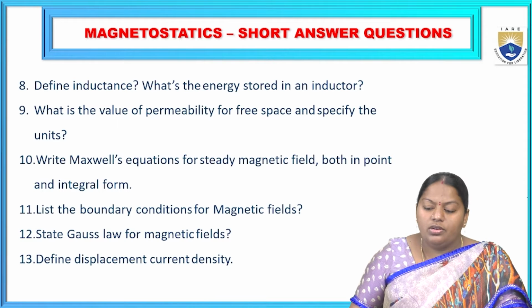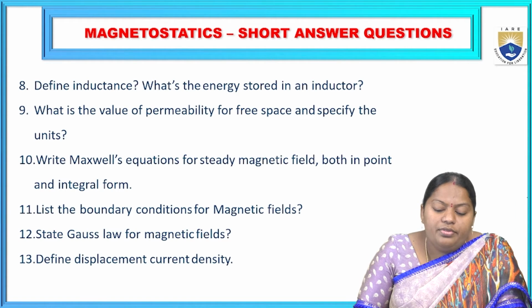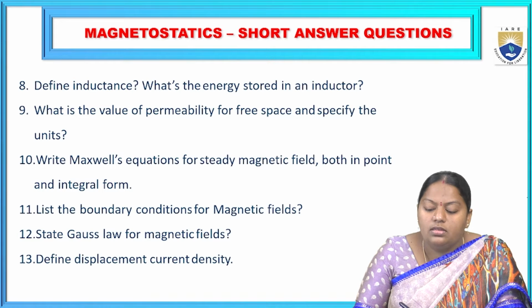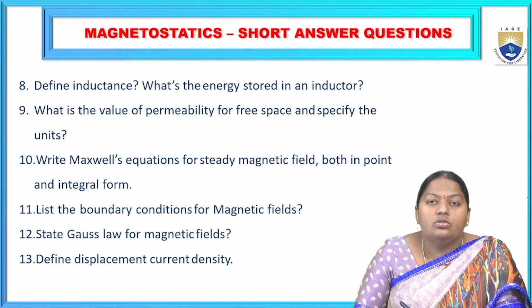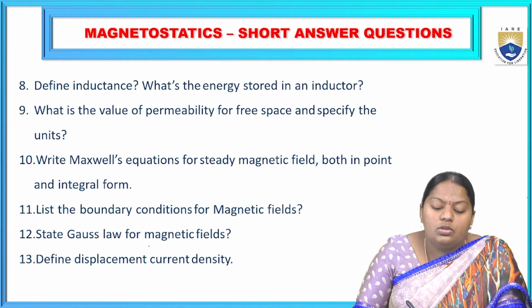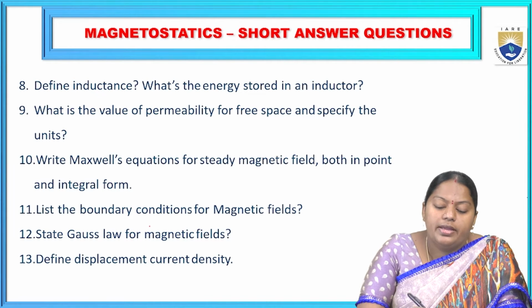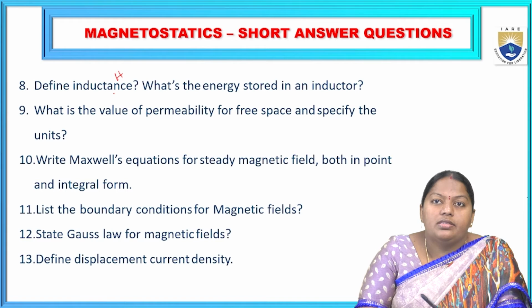Next, some more short answer questions in magnetostatics: define inductance and what is the energy stored in an inductor. An inductor is a conductor which is able to store magnetic energy in the form of currents. The property exhibited by the inductor is said to be inductance, and it is measured in henries.